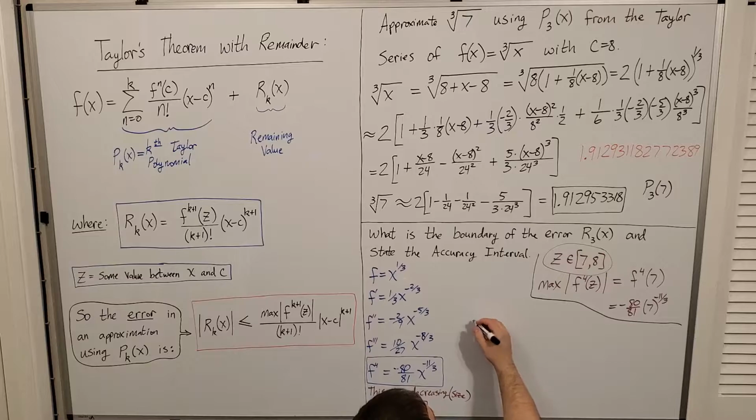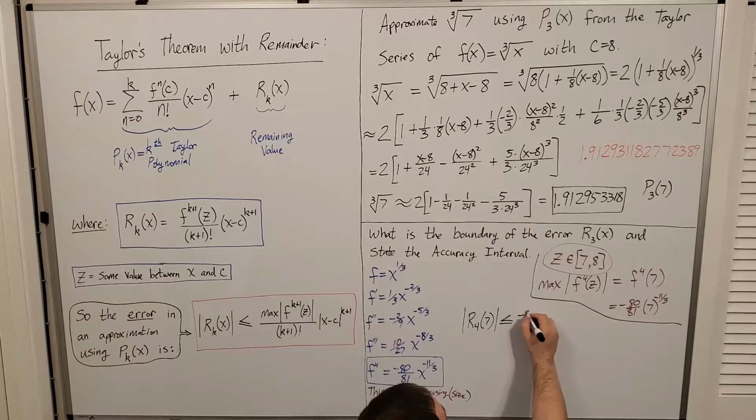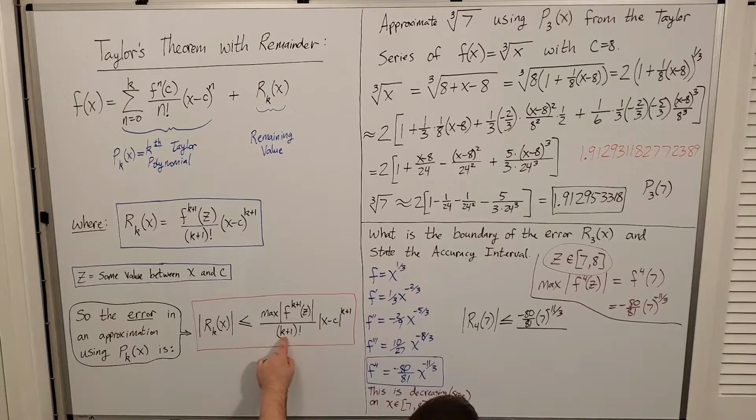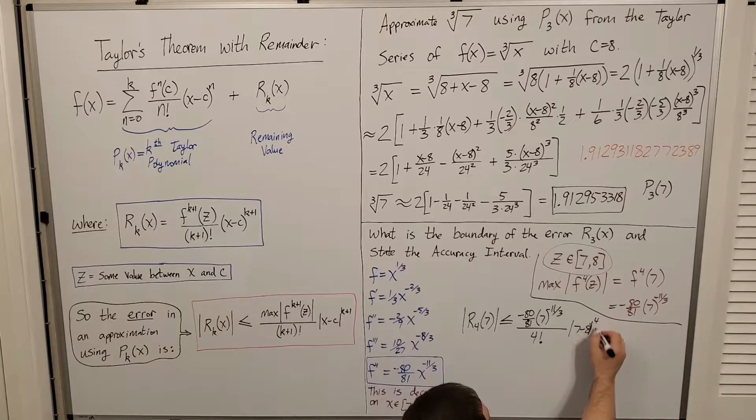My r sub 4 evaluated at 7 error is going to be less than or equal to the negative 80 over 81 times 7 to the negative 11 thirds divided by 4 factorial times the absolute value of 7 minus 8 to the 4, right?